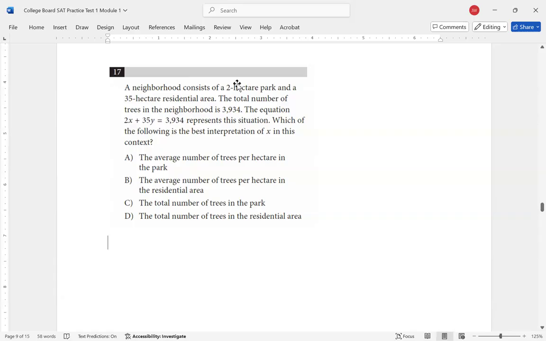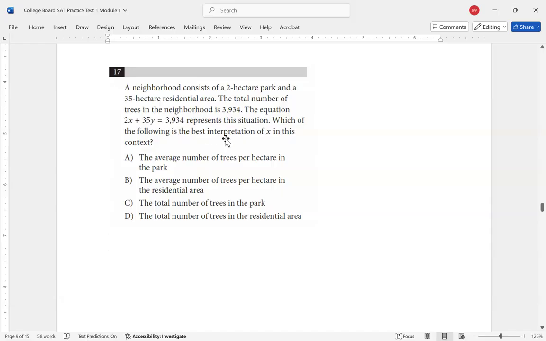Well, the 2 is matching up to the amount of hectares in the park, and the 35 is going to match up with the amount of hectares in the residential area. And so when it says 2x, x has to be the number of trees per hectare in the park, and y has to be the number of trees per hectare in the residential area.